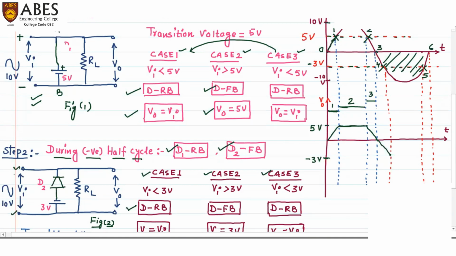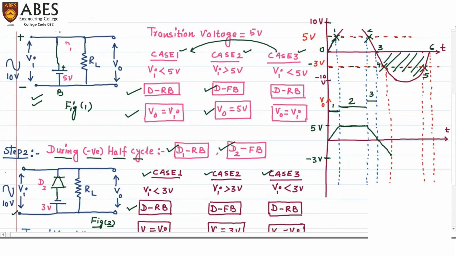Because this is the negative half cycle, this will be minus and this will be plus. So here Vi is going to decide whether the diode will be forward or reverse biased.